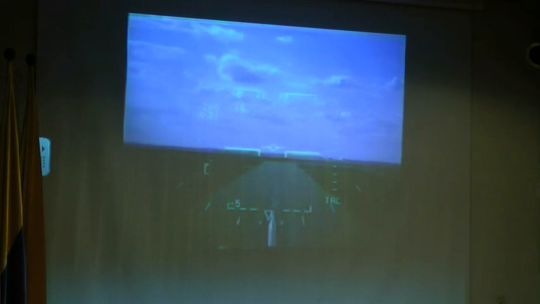I have here a heads-up video from a military aircraft of an actual bird strike. And I'm going to try to play it if I can get this thing to work. It takes about a minute or so for the whole thing to play out, but as soon as they take off, shortly afterwards, a bird will come in from this side of the screen, and you'll see it hit the aircraft.